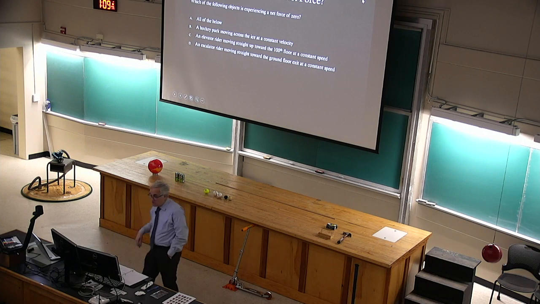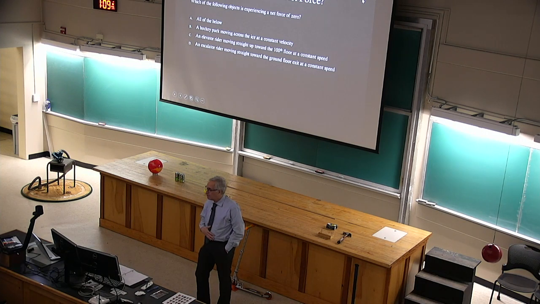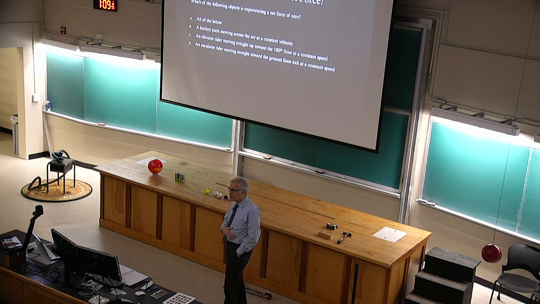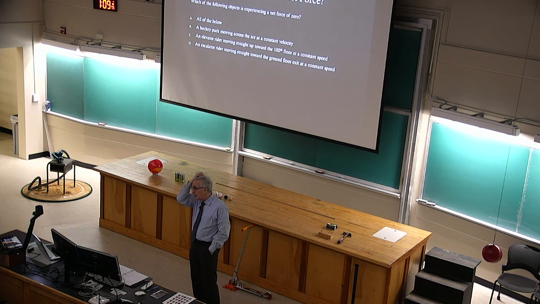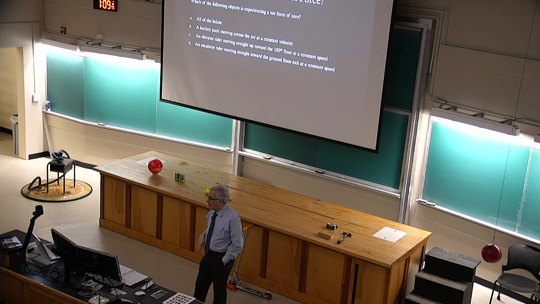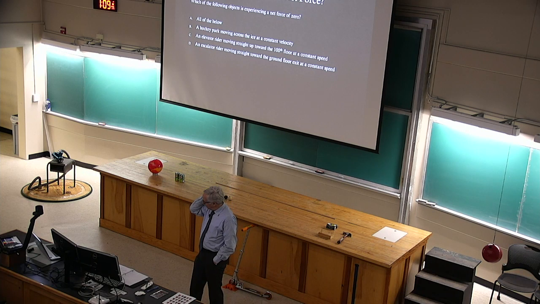But seeing that a fair number of you are worried that C and D aren't in fact zero net force, let's look at those because they're instructive. The hockey puck moving across the ice at constant velocity, that's B. That one is pretty much in your face, the same as a skater.